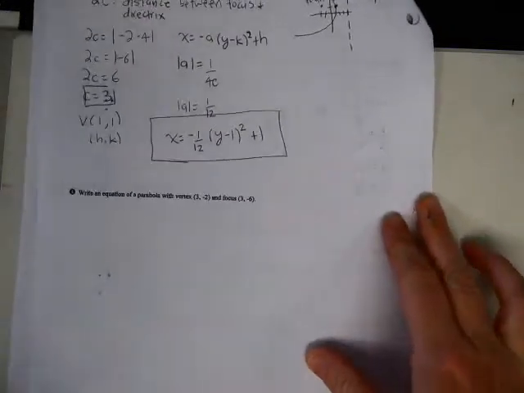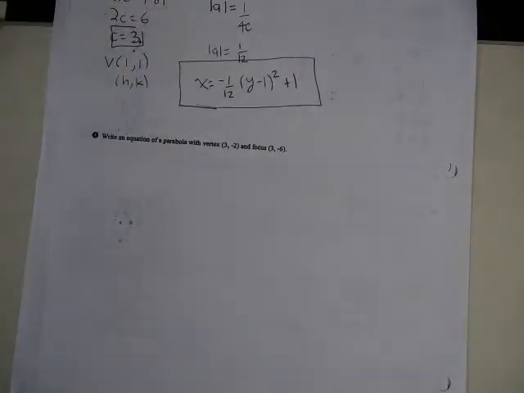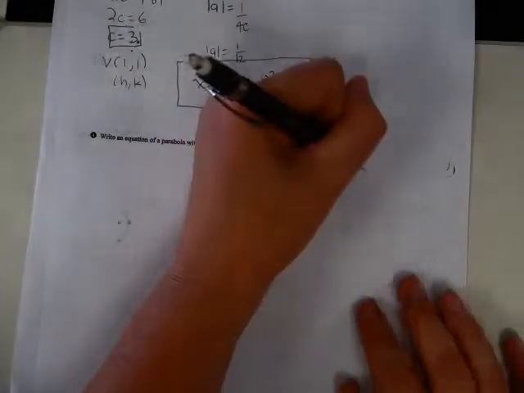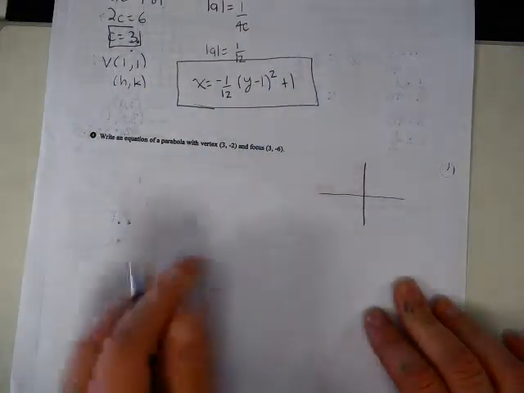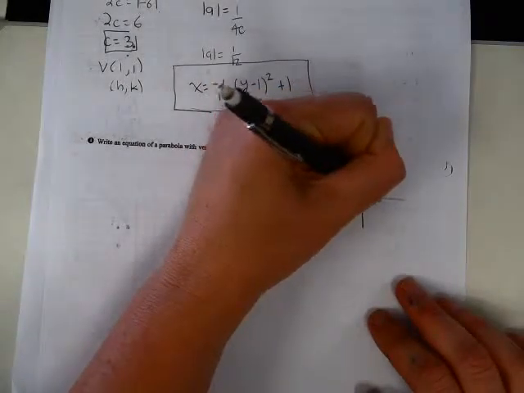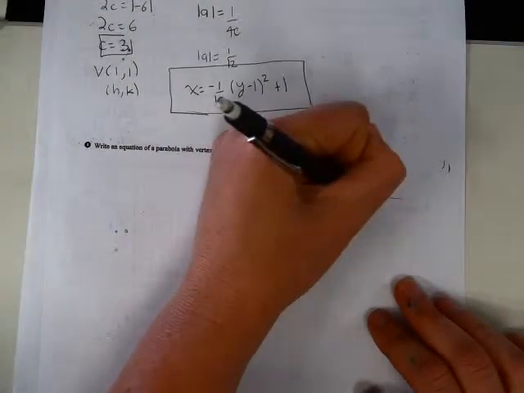Let's try another. This time we have the vertex and the focus. So once again, I'm going to start with a sketch. So my vertex is at 1, 2, 3, and negative 2.